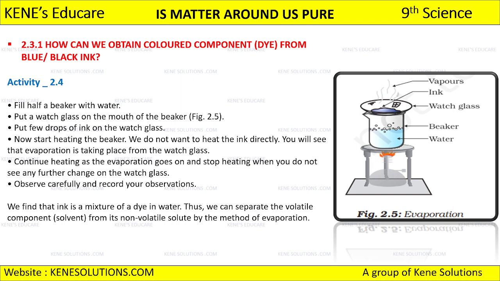What you have to do over here is fill half a beaker with water. After that, put a watch glass on the mouth of the beaker, as you can see in the figure given, and put a few drops of ink on the watch glass.